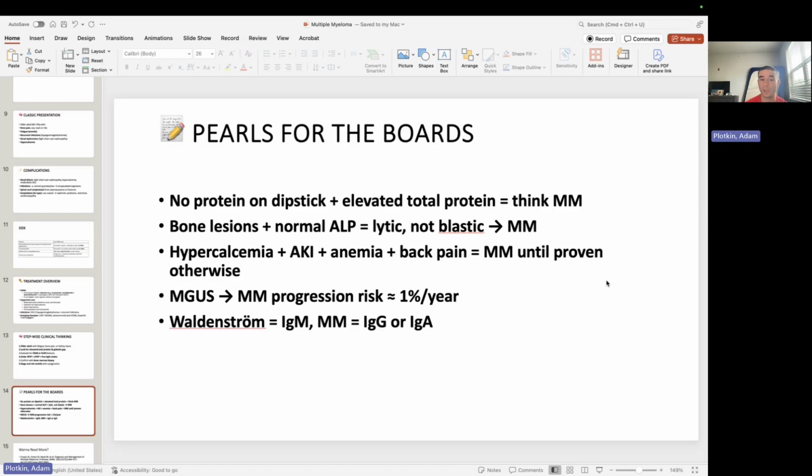If we think about bone lesions and a normal alkaline phosphatase, we think about lytic, not blastic, right? So that's multiple myeloma. Whenever I see an elevated alk phosphatase with a negative or normal GGT, I usually think more about bone turnover. Alkaline phosphatase is made in the liver, in the bile ducts, and in the bone.